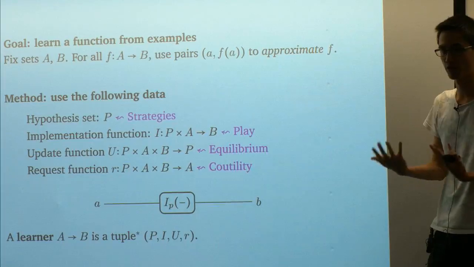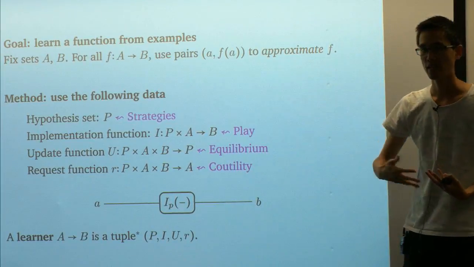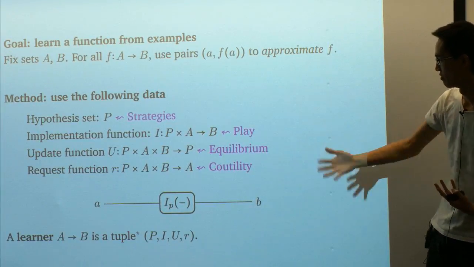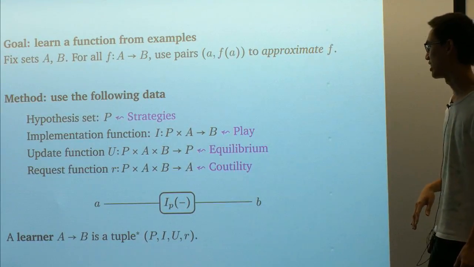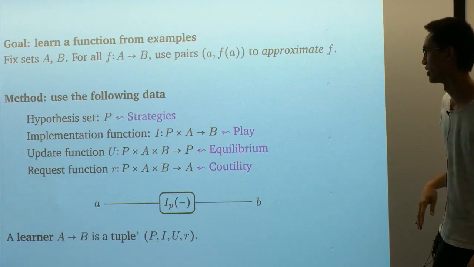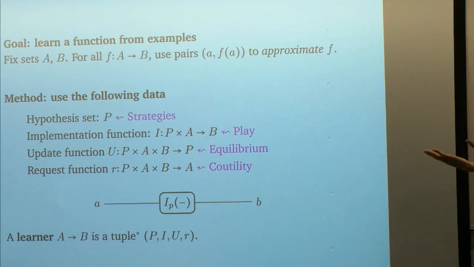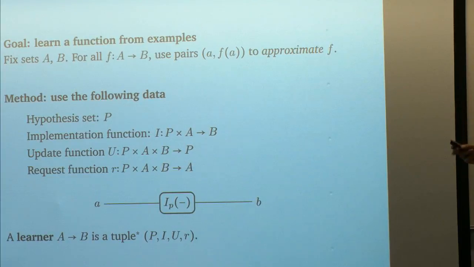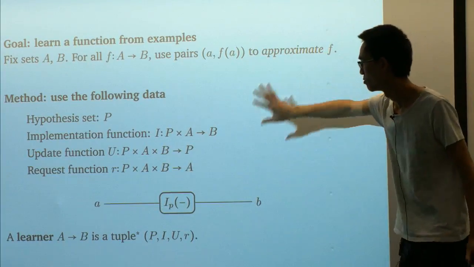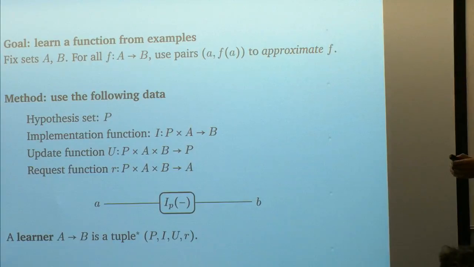But in spirit also they're the same. They're about feeding back some sort of virtual information. The update function then is somewhat like the equilibrium function or the best response function. And that's true, but you have to squint slightly. And perhaps we'll explore that more in the discussion time. OK, but for now, this thing is a learner.